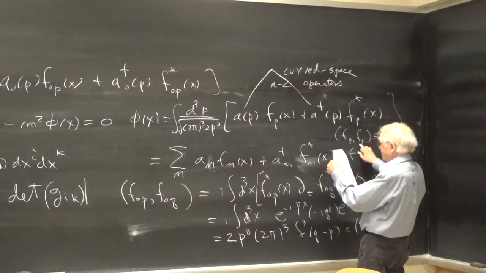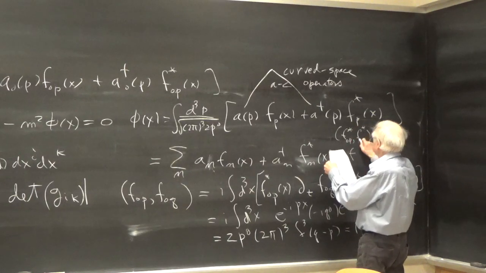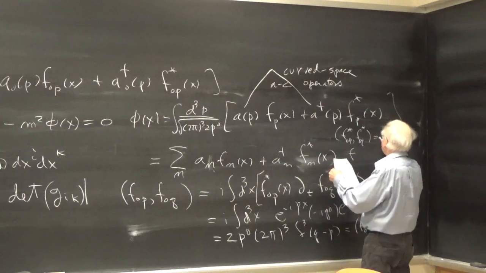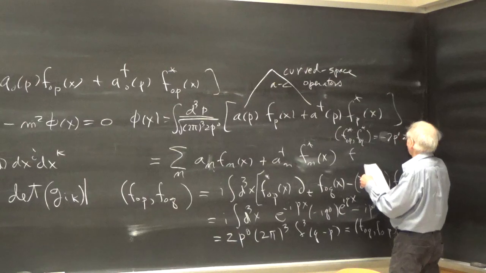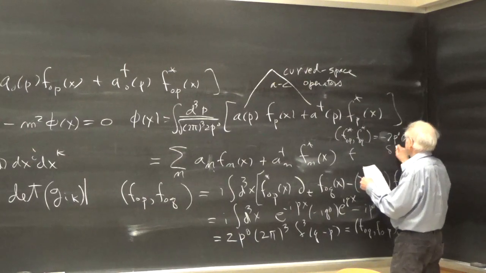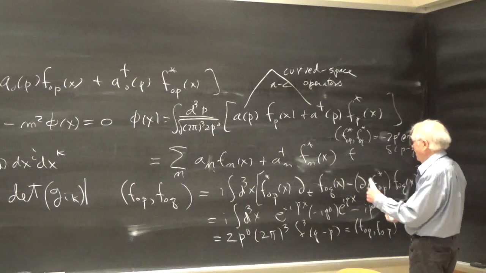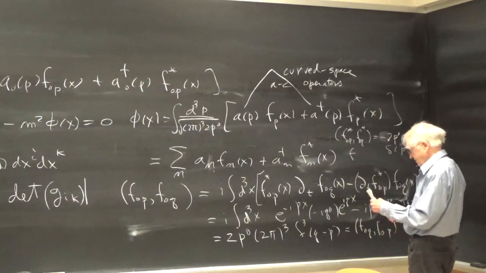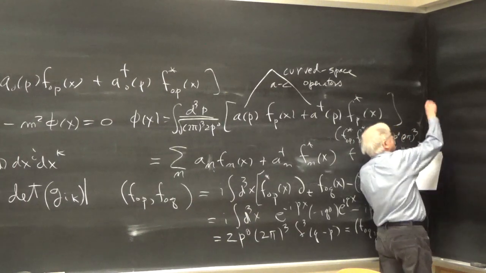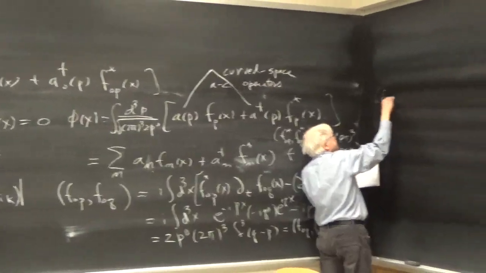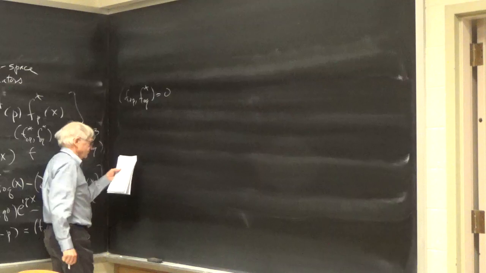It's rather that the inner product of f0p star with f0q star is minus 2p0, 2 pi cubed, delta of p minus q. So it's just minus that result. And then the other thing is that the inner product of f0p with f0q star is actually 0.